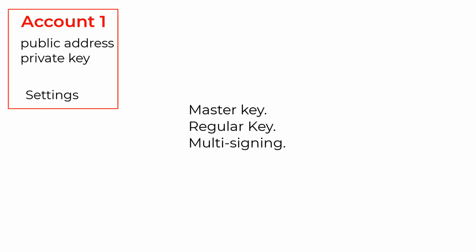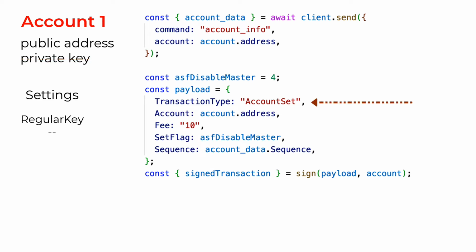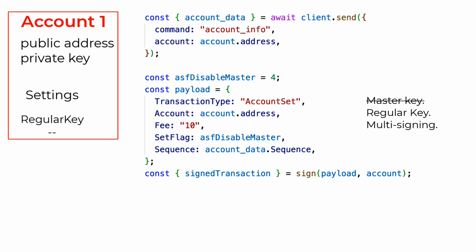One thing to note is that all accounts by default do not have any regular key set. So in such a scenario, if you try to disable the master key, the transaction will fail. This is an AccountSet transaction to disable the master key, but since you do not have any alternate method to authorize transactions from this main account, the AccountSet transaction fails.